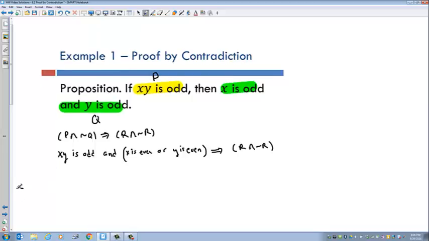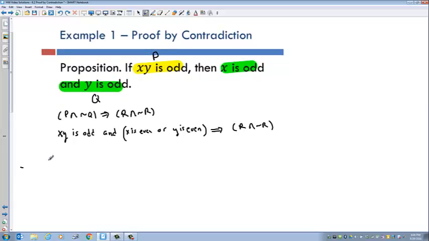I'm going to write down proof. Let x and y be integers. This is sort of unspoken, but let's spell it out. So x and y are integers, and let's suppose xy is odd.